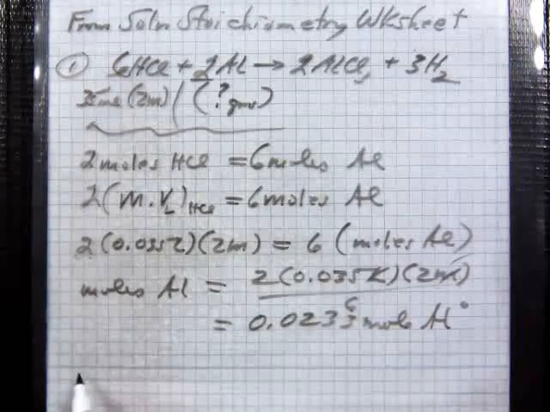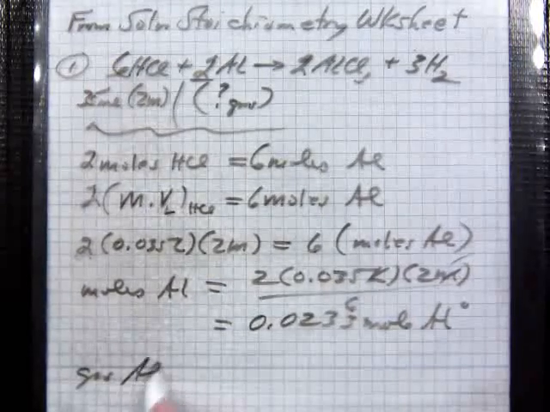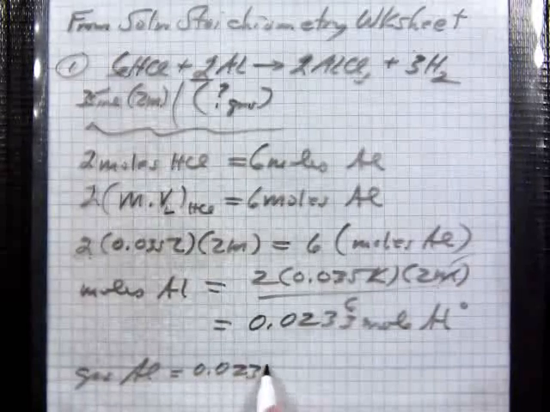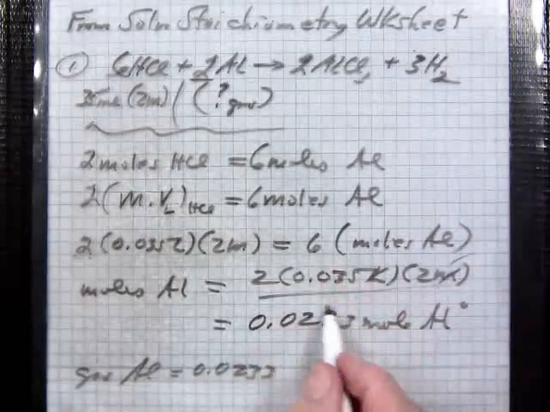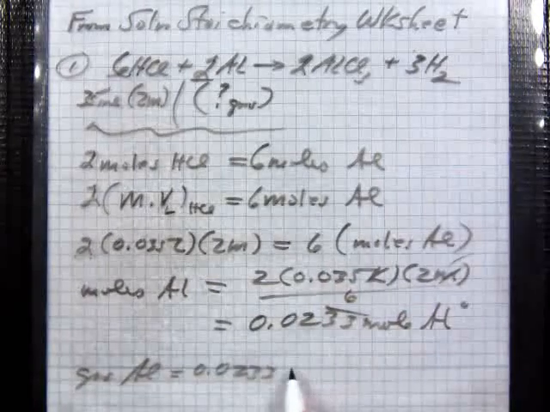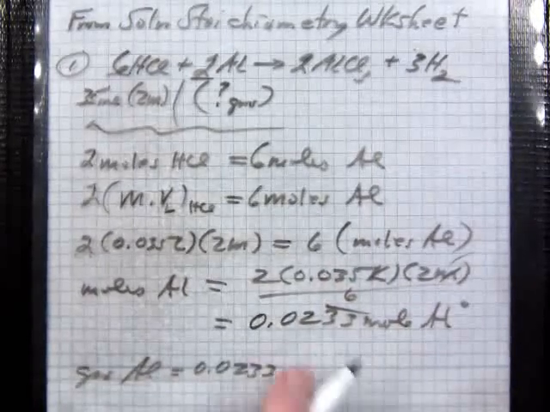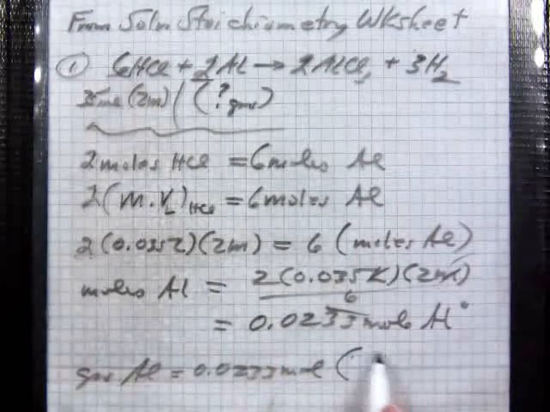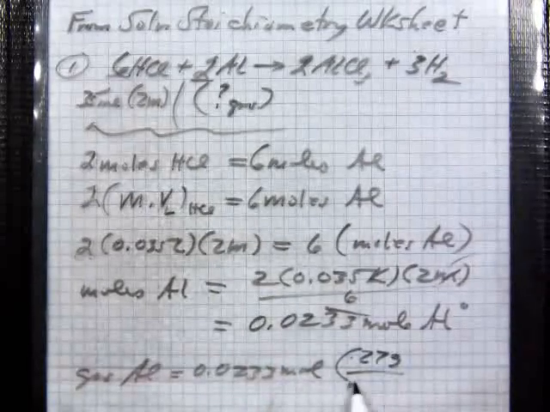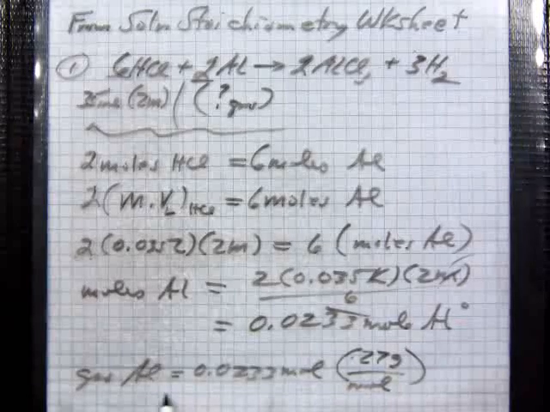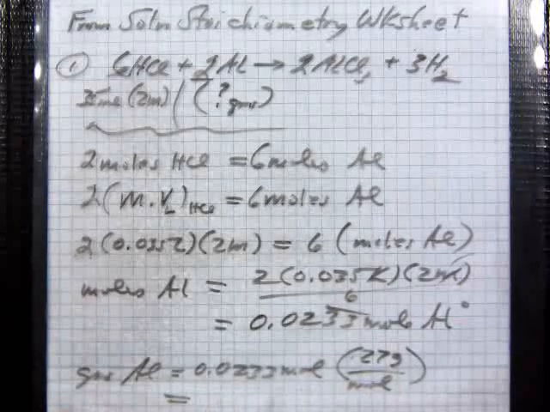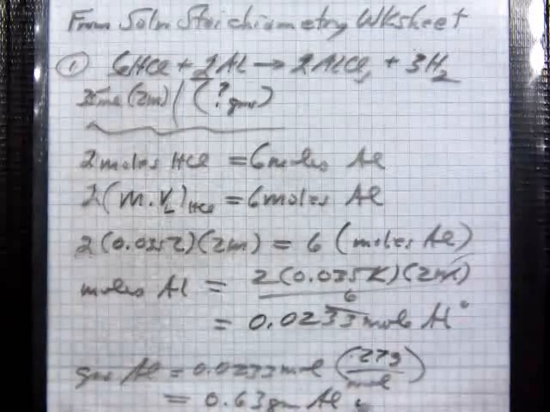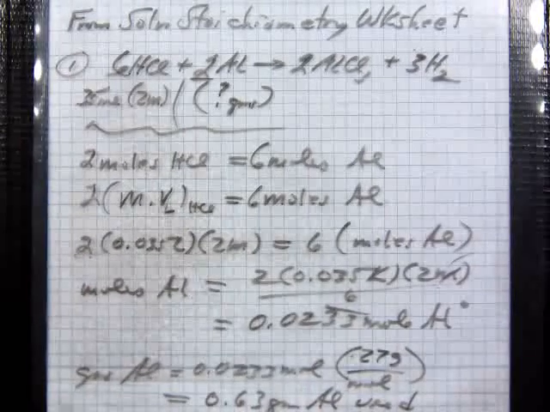And so grams of aluminum is 0.0233 mole times 27 grams per mole, and I get 0.63 gram aluminum used in the reaction.